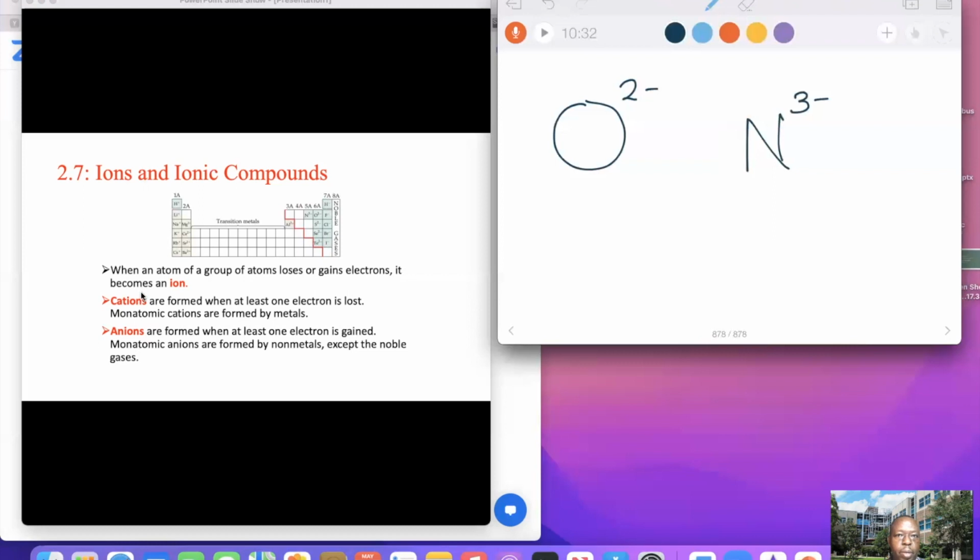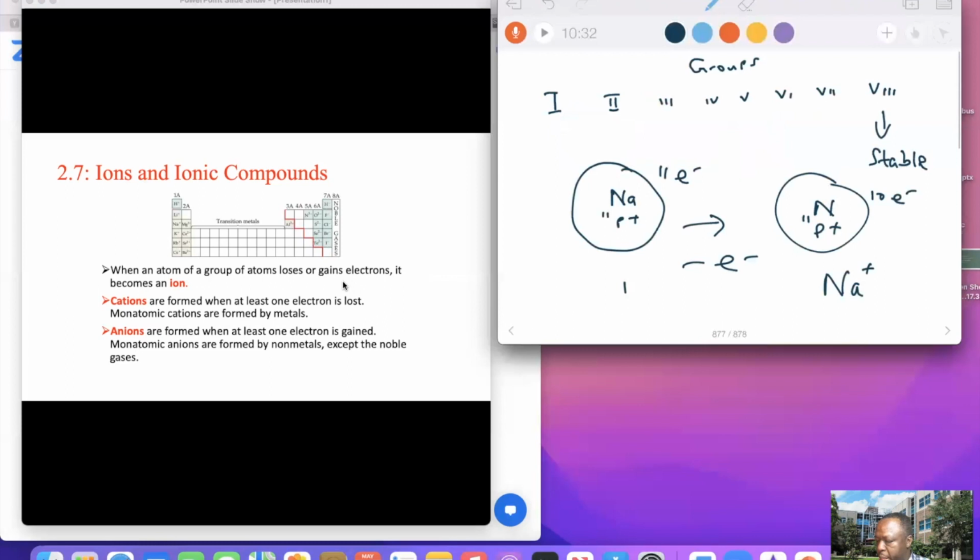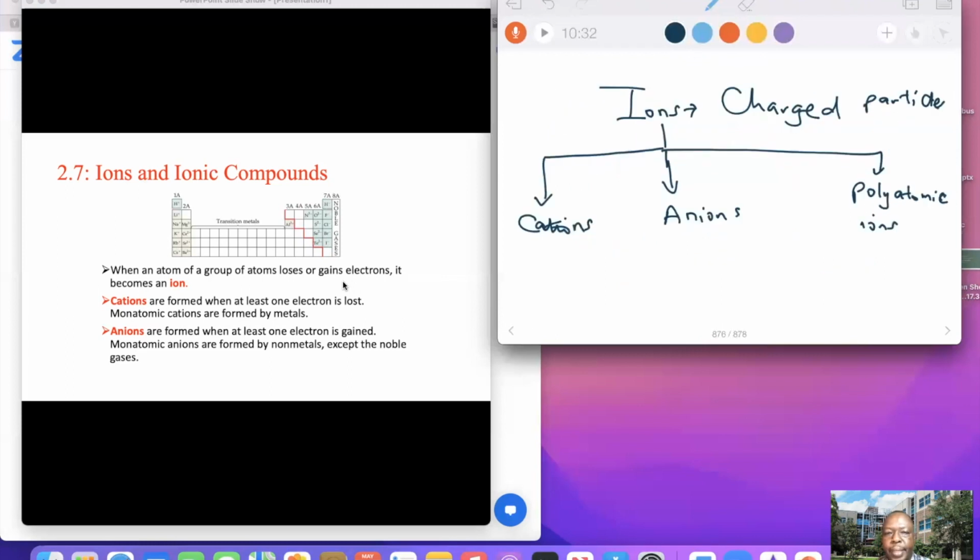It's going to help you down the line in writing the correct formulas for compounds, especially ionic compounds. So there is a criteria by which monoatomic ions are formed, so you should know how these are formed or what type of ion an element will form.